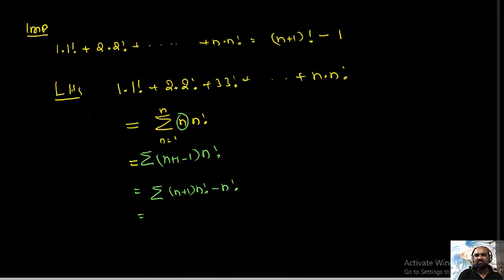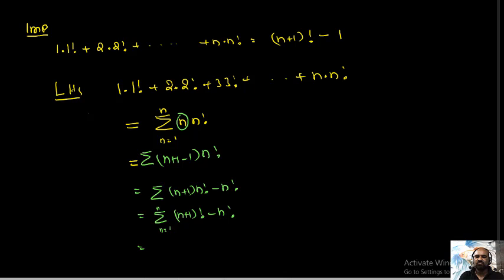What is the meaning of that? N plus 1 factorial minus n factorial. Now I want to open the sigma. Observe all of you. N is taken from 1 to n only.